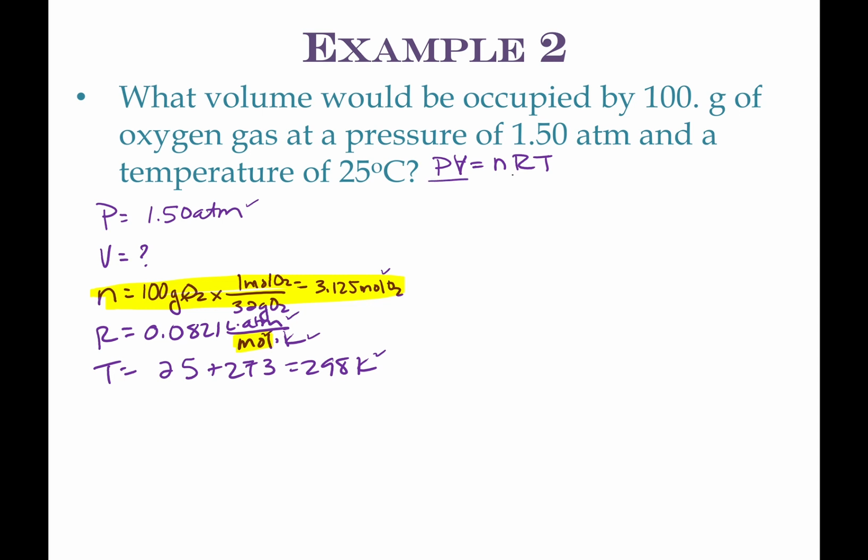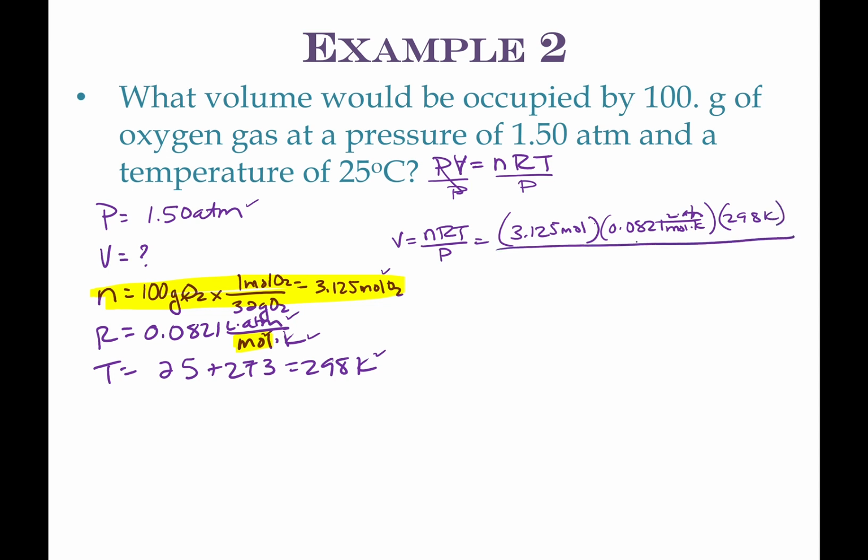We're solving for V, so we're going to divide both sides by P. So we get volume is equal to nRT divided by P. So we have n, 3.125 moles of oxygen times 0.0821 liters times atmospheres over mole times Kelvin, and T is 298 K. We divide all of that by 1.50 atmospheres.